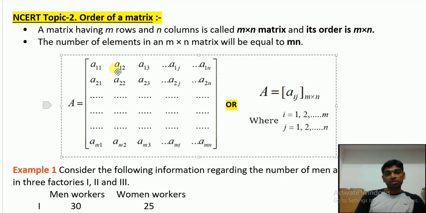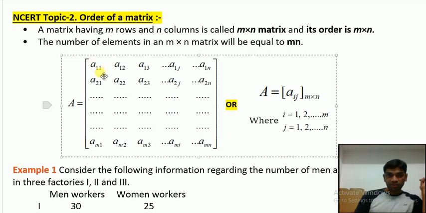Okay, so I have just covered the symbol. A can be written like this: A11, A12, A13, A14, and so on. I have written this in the symbolic mathematical form of a matrix, and we have to know how to write it.